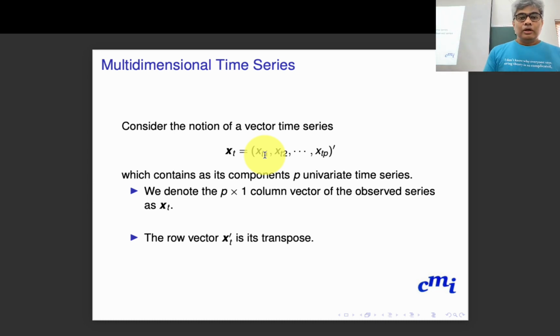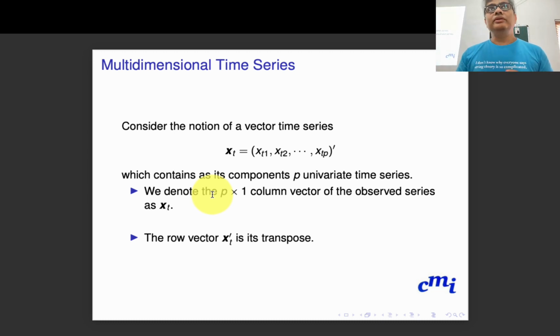So at time point t you have a p cross 1 column vector. Capital Xt is the column vector, or effectively I've written it as a transpose.